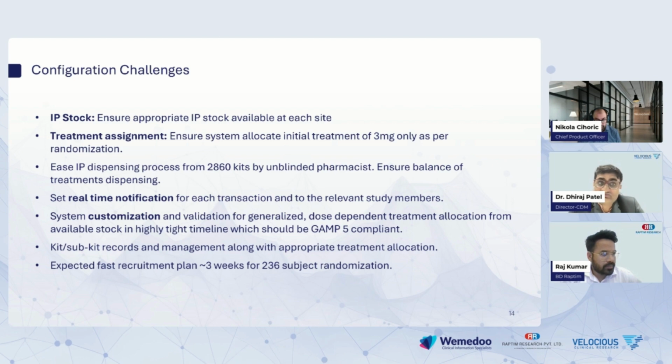Yeah, and one of the major challenges was that we were expecting recruitment to go very, very fast, considering this product is very important for the sponsor. Based on that, we configured the performance of the system, and within 3 weeks, 236 patients were already randomized.